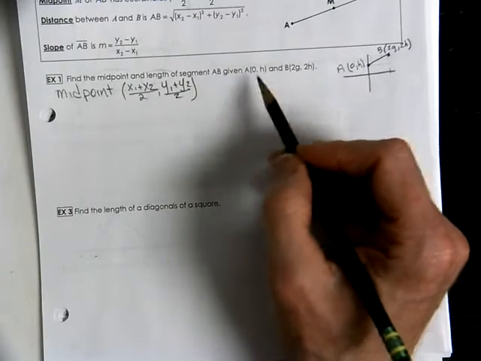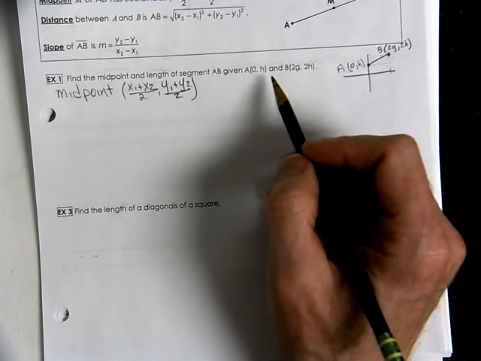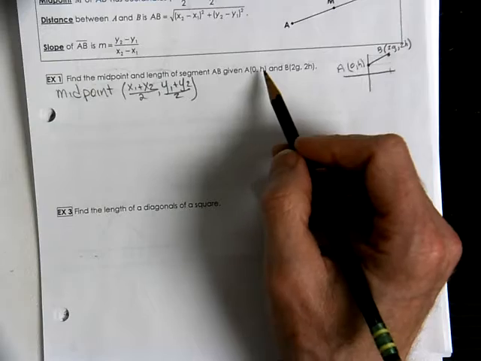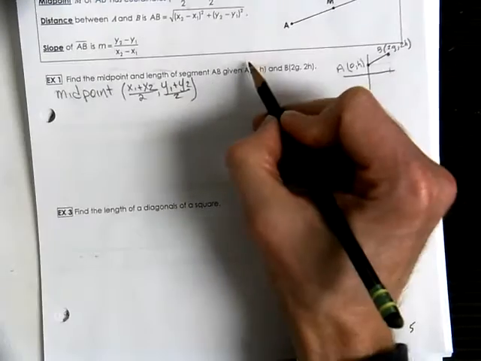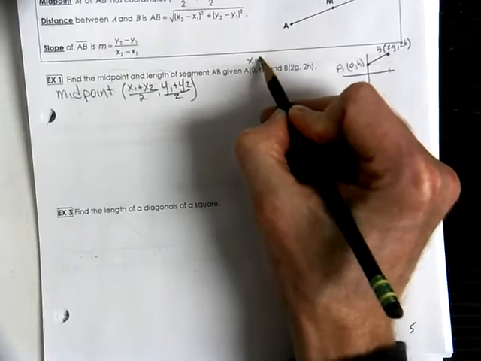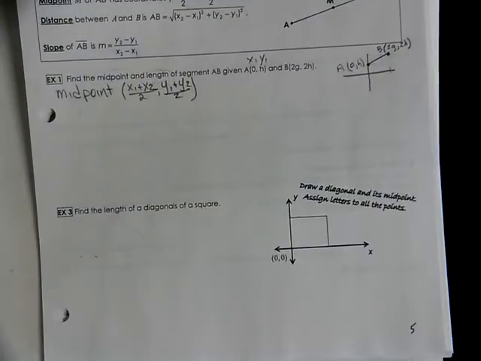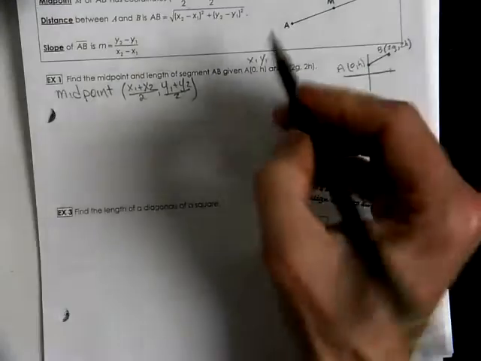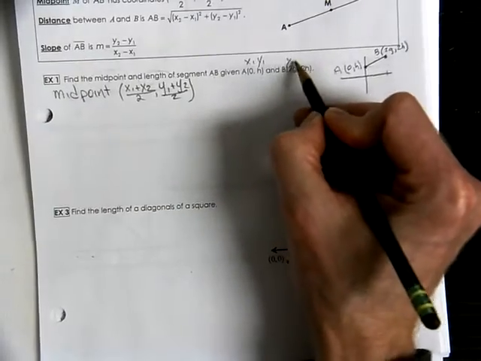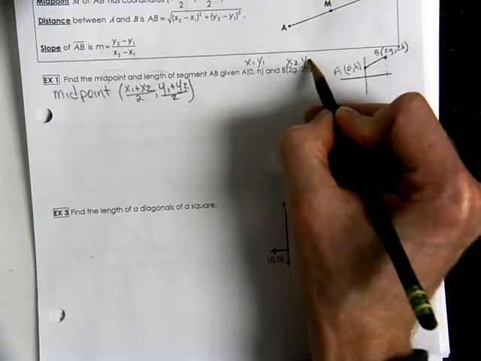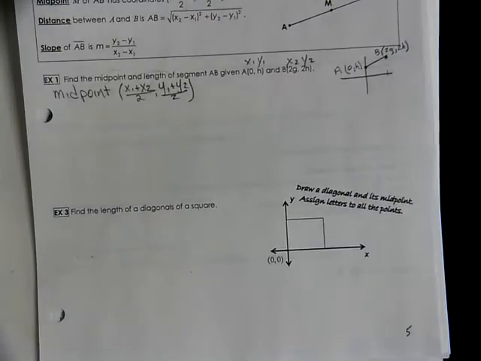It doesn't matter which one we call x1, y1, and which one we call x2, y2, but it would make sense to start with the first point we see as x1, y1, and the second point that we see as x2, y2.